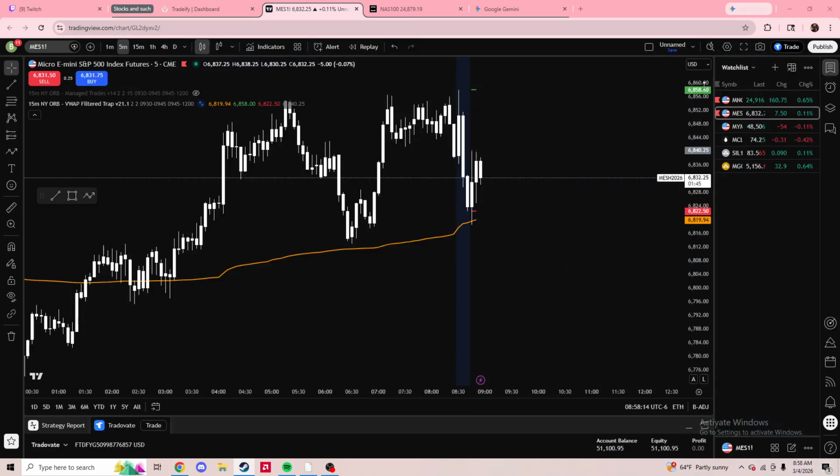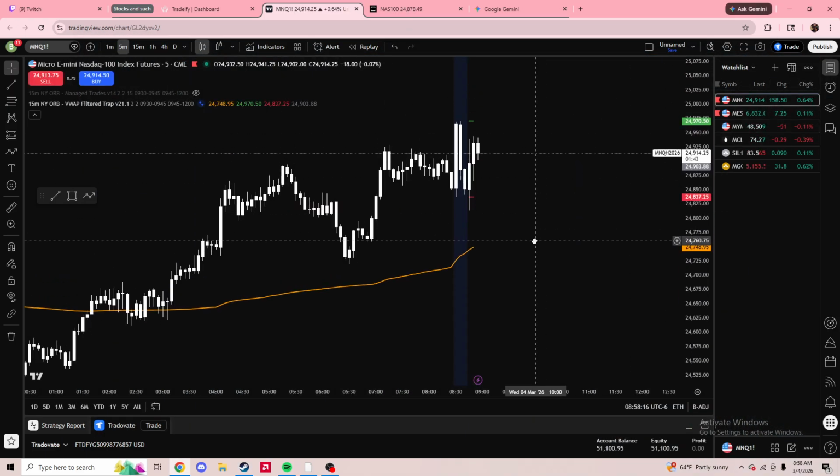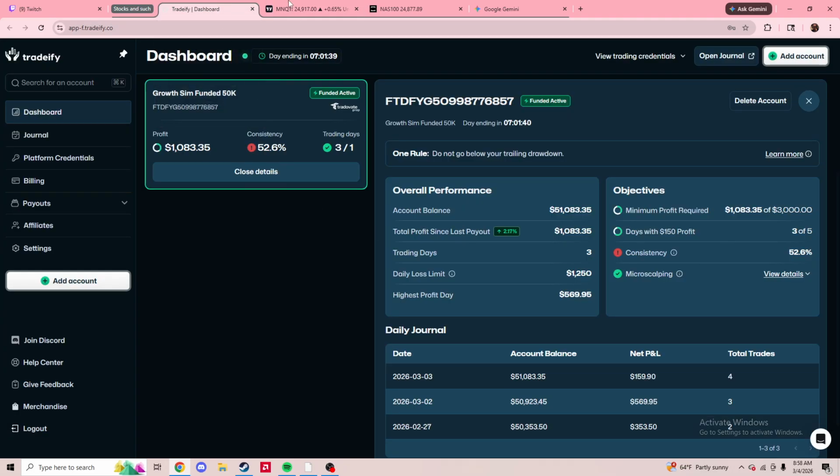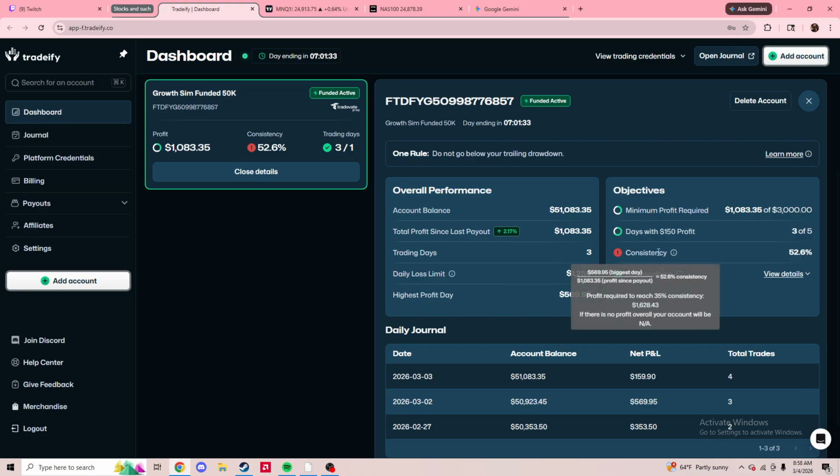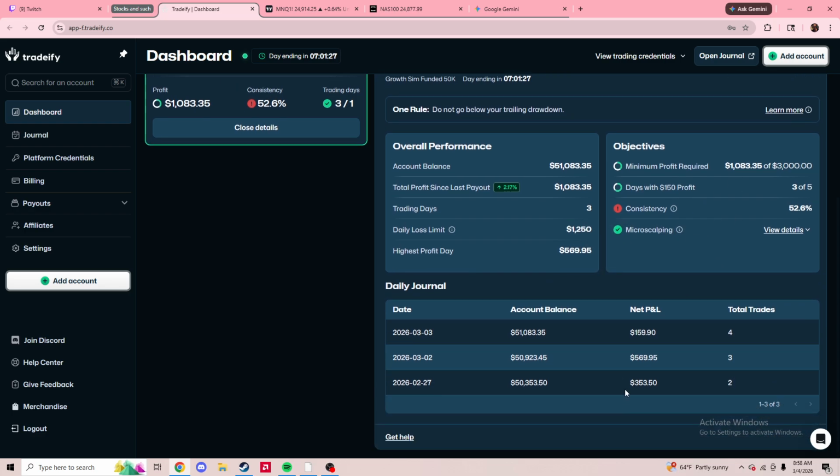But keep in mind, while that is happening in the background, I do need, like I said, 5 days for me to hit this profit goal. As you can see by my journal, things have not been going all the way how I wanted it to.